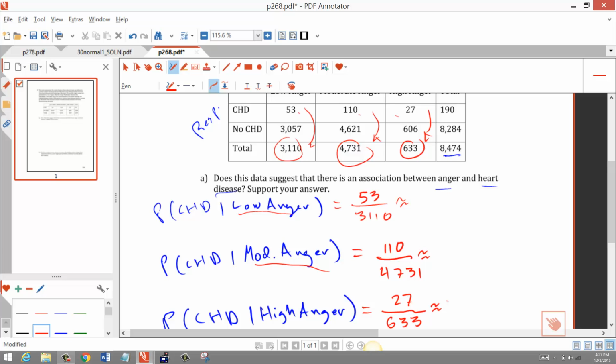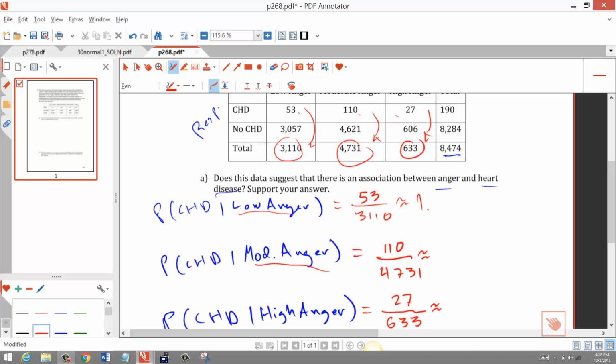If I take out my trusty calculator here, I have to do 53 divided by 3,110.